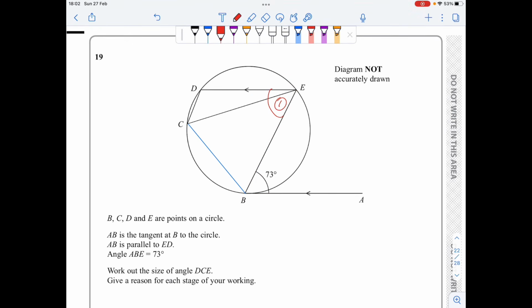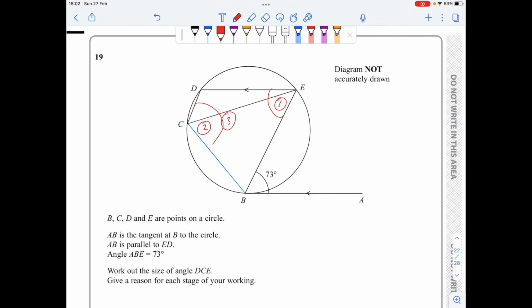Then I will find angle BCE, this angle here, and these two angles are the same because of the alternate segment theorem. Then I will find angle BCD, this angle here, because these two angles are opposite angles in a cyclic quadrilateral. And then to find the required angle, I will just subtract angle 2 from 3.